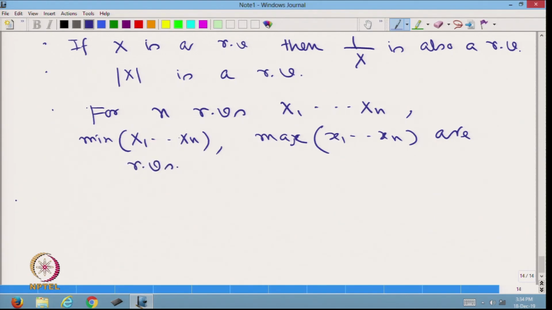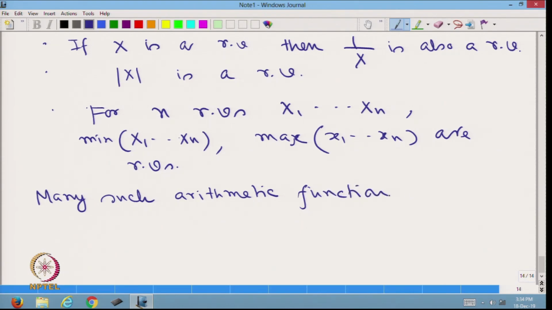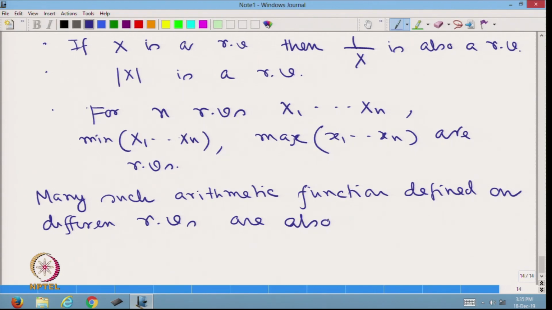Like that, many such arithmetic functions defined on different random variables are also random variables.